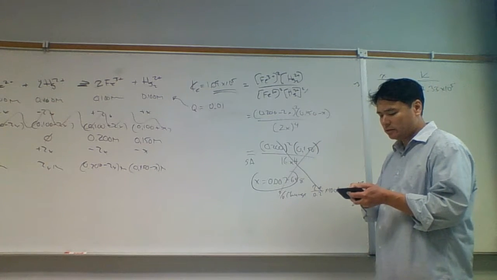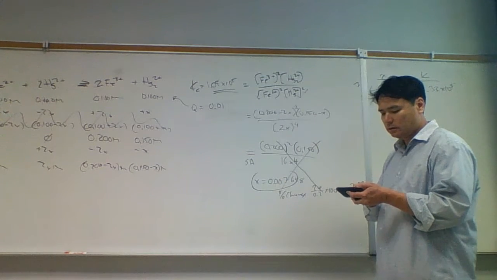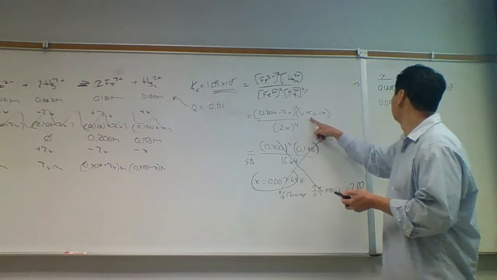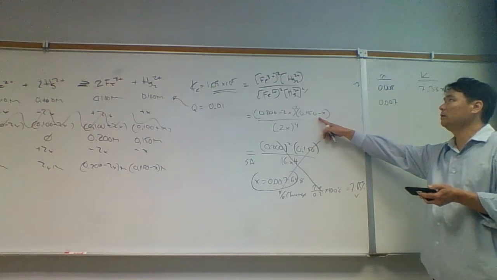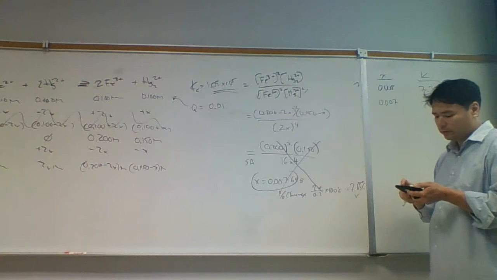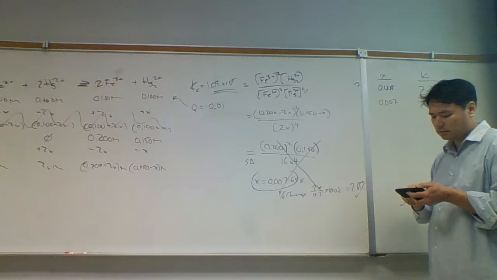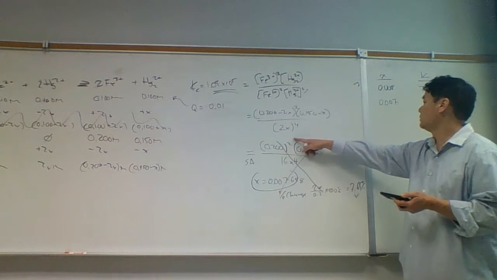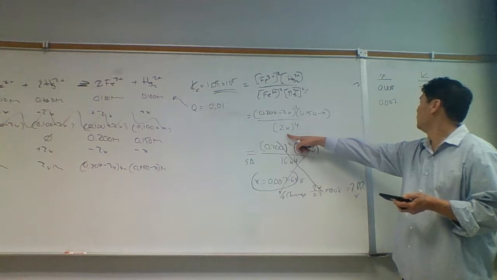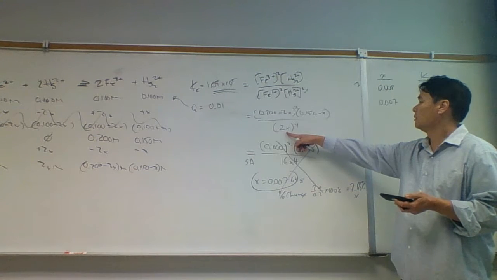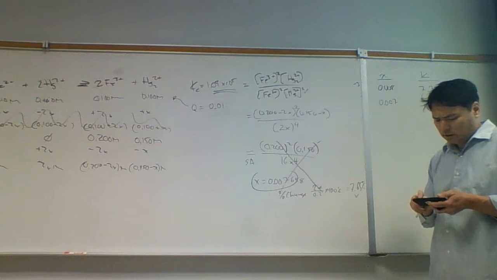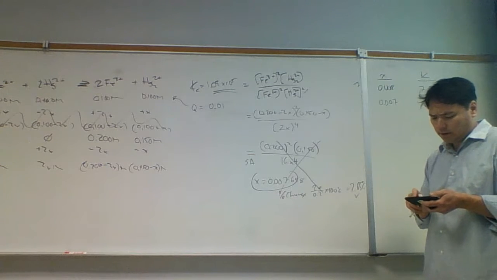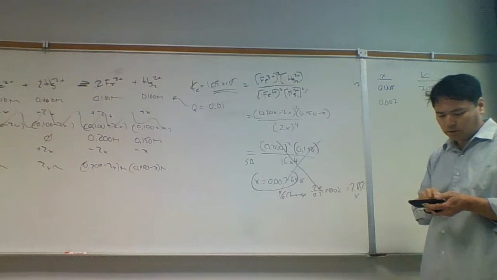So 0.186 squared times 150 minus 14 would be 136 times 0.136 divided by 0.014 to the fourth divided by 0.014 to the fourth.